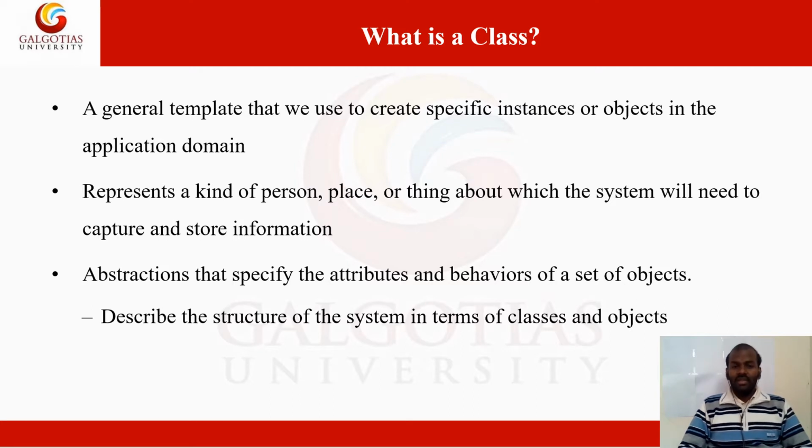We can take an example like a person or a place or any other thing that is going to be captured, or that is going to store some information for useful purposes in the future. Abstraction specifies the attributes and behaves like a set of objects.